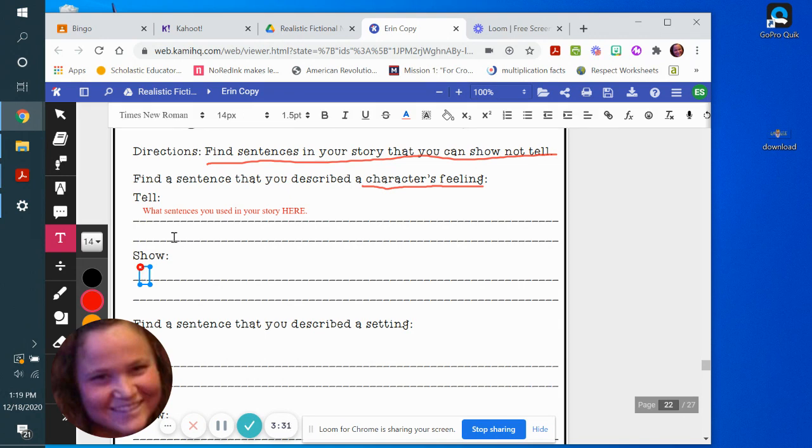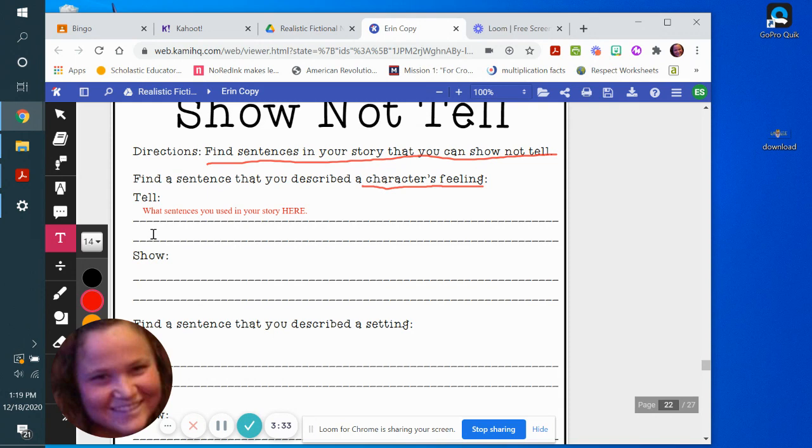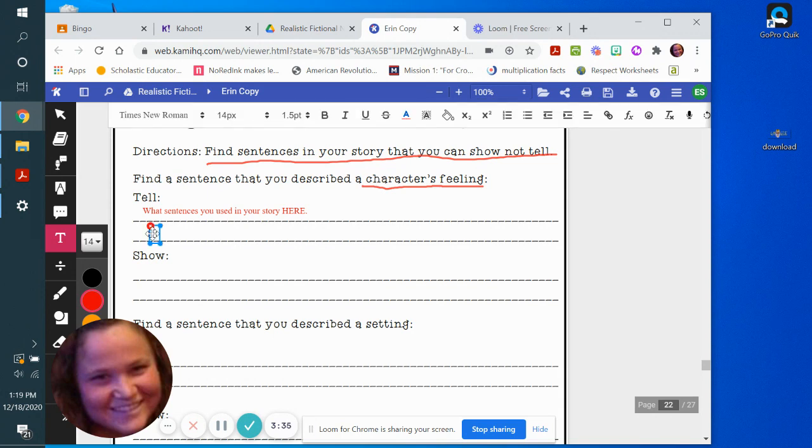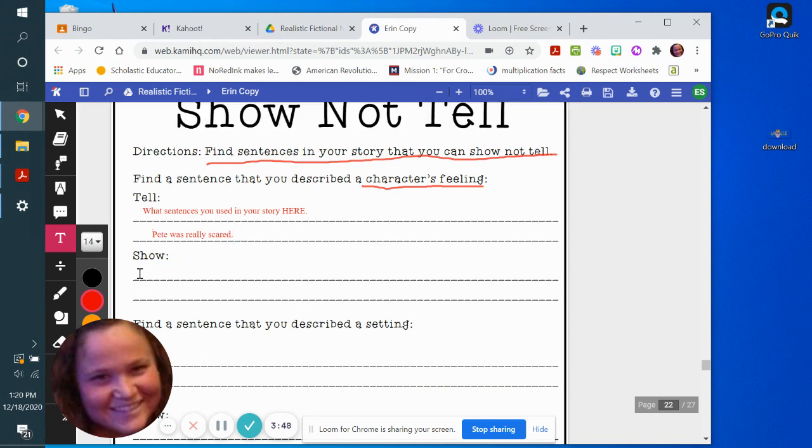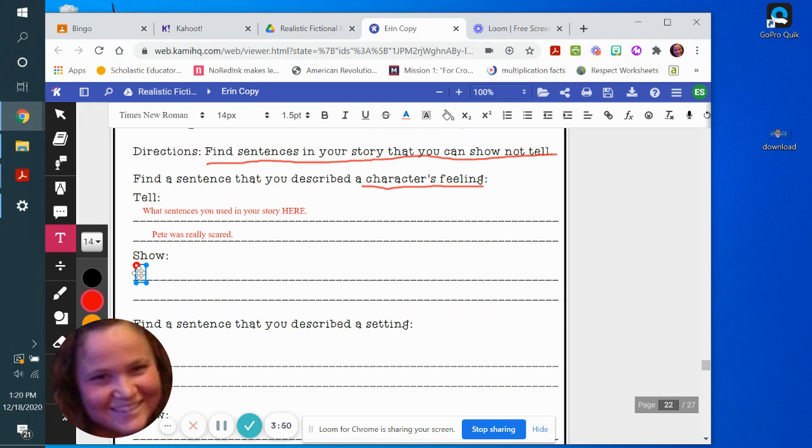So let's say we know that Pete was really scared. So I'm going to say, Pete was really scared. Instead of saying that, what I'm going to do is show my reader he's scared. Pete's heart started thumping.